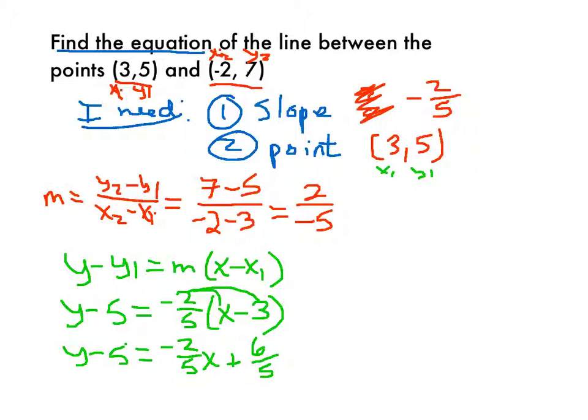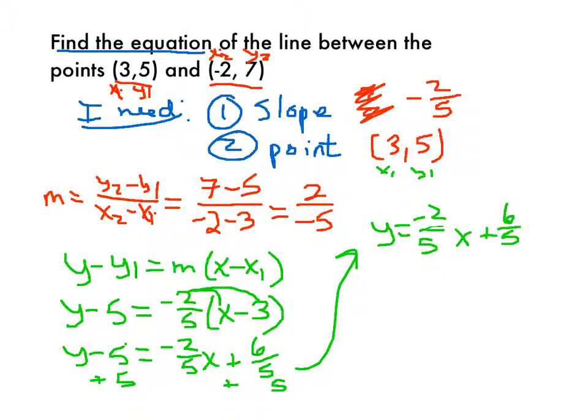So now I need to add 5 to both sides. So when I add 5 to both sides, I'll get, well, y on the left, -2/5 x plus 6/5 plus 5.